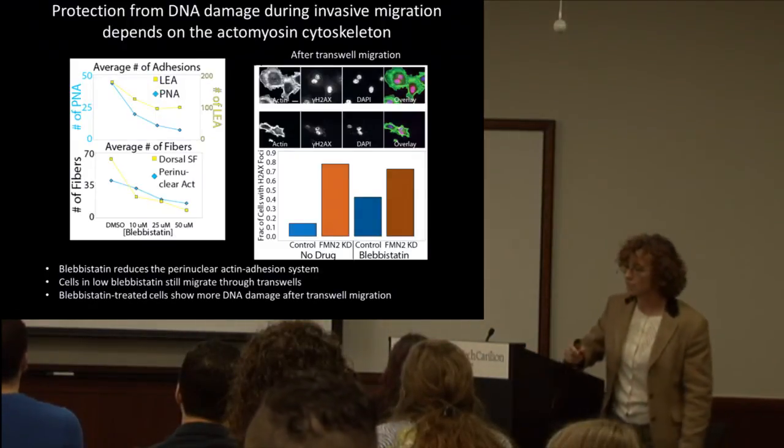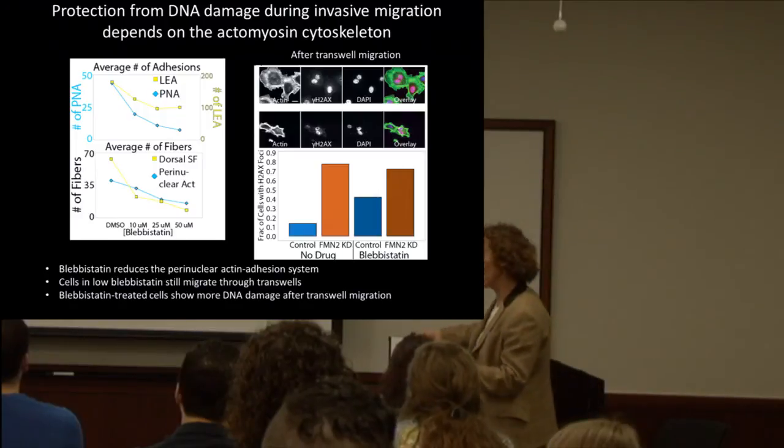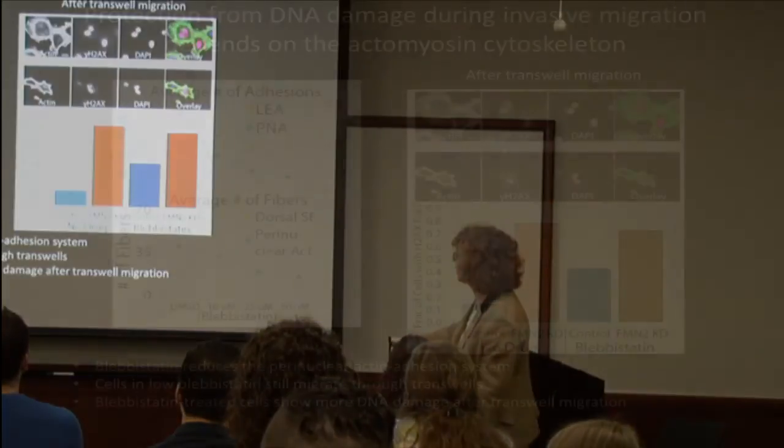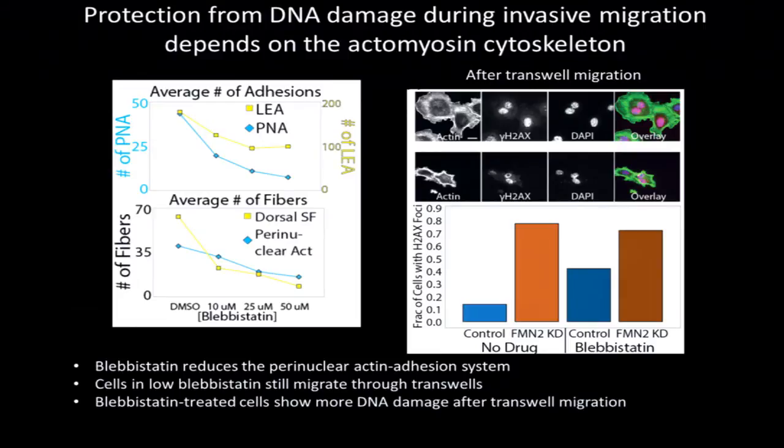So the first thing Colleen did was say, okay, if we perturb the formation of those subnuclear adhesions and actin stress fibers with a drug, is that sufficient to deprotect them? So she titrated blebbistatin concentrations and found a concentration that got rid of the perinuclear actin and stress fibers underneath the nucleus, but the cells could still migrate through the transwell.